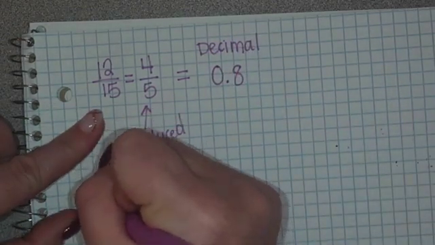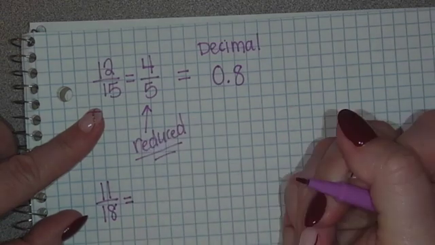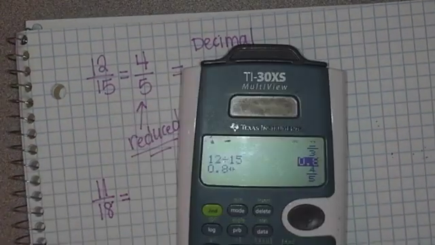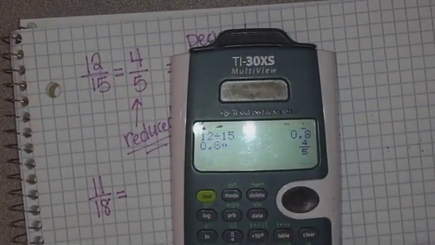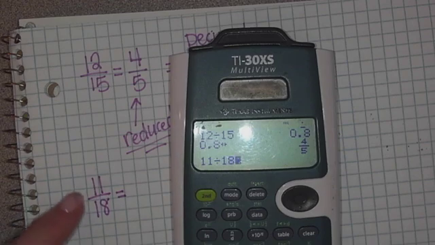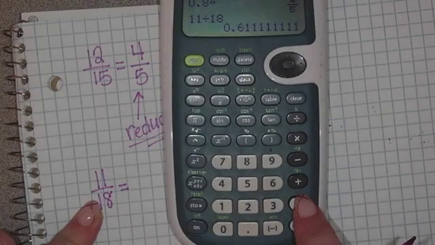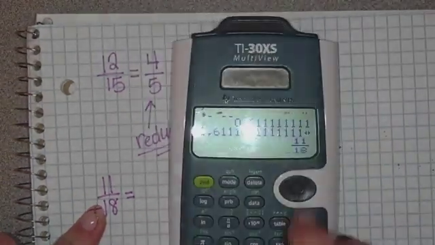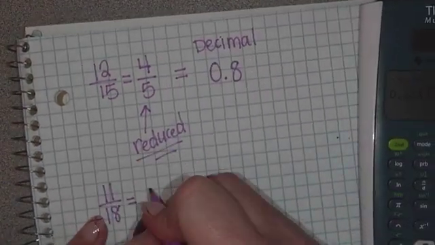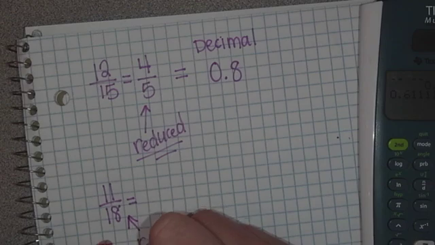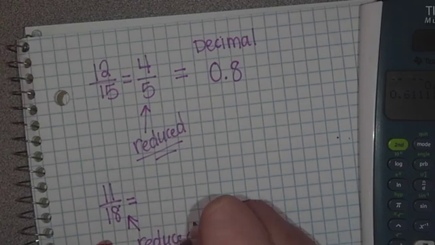Okay, let's do another one. 11/18. So 11 divided by 18, top divided by bottom. There's your decimal. Hit the arrows down at the bottom, and notice it gave you the same thing, so that one is already reduced.